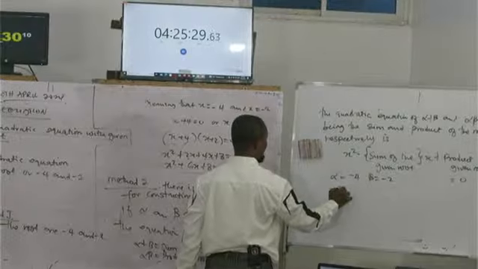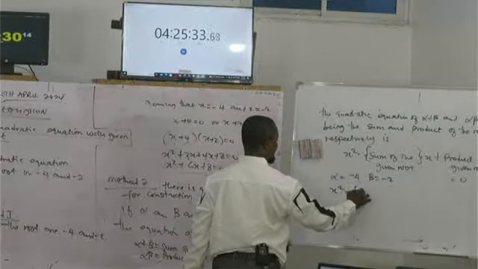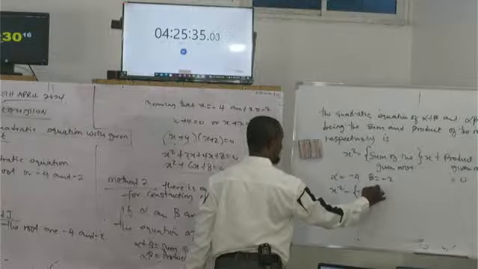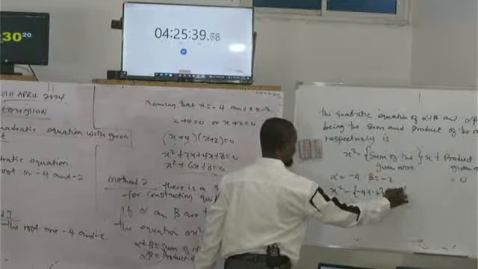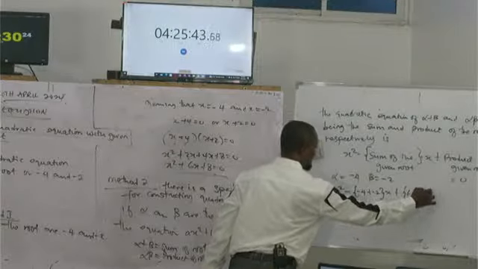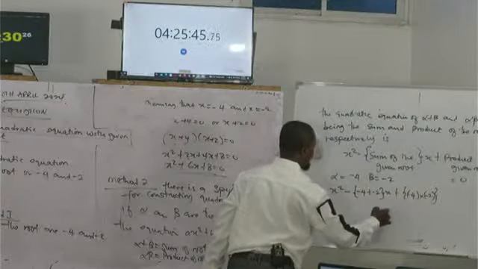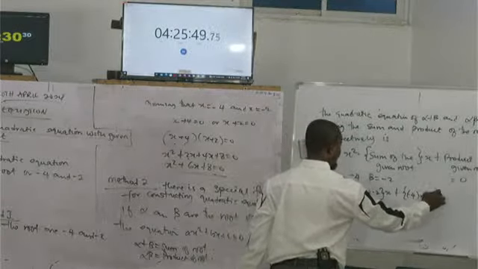So x squared minus the sum, you add minus 4 plus minus 2, x plus the product, minus 4 times minus 2, equals 0.